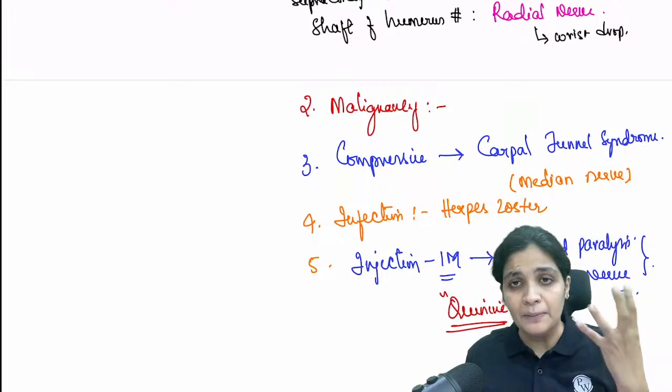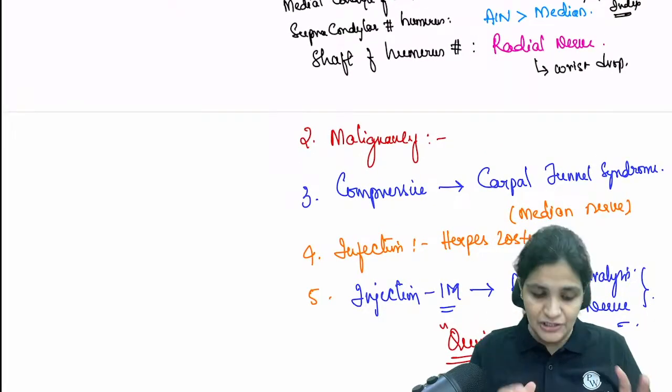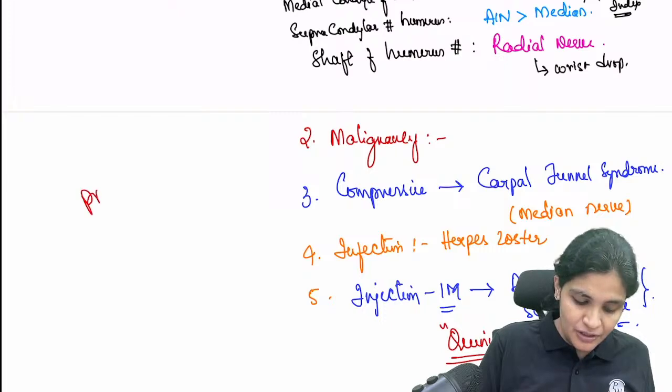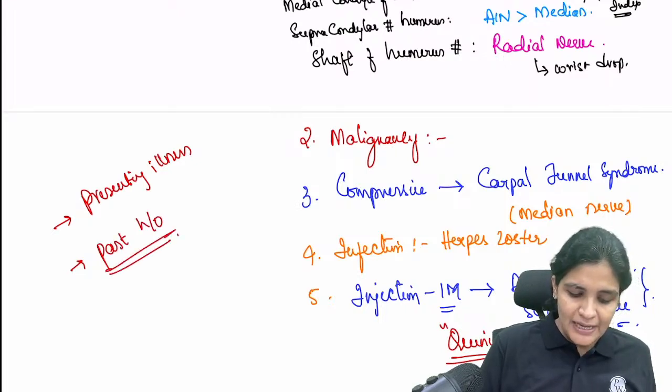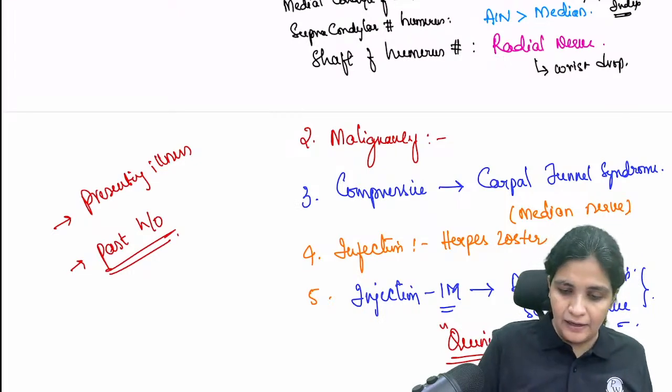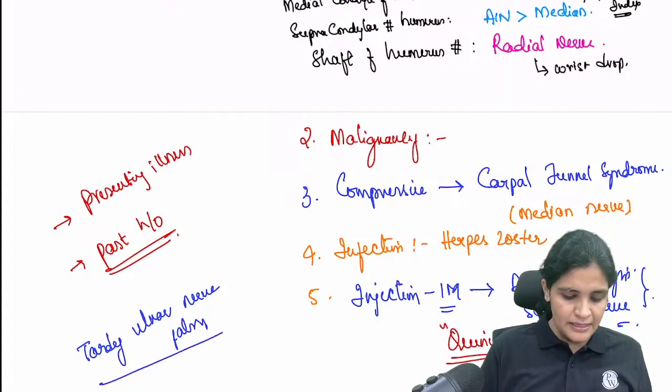So you will put up everything related to that nerve palsy and you will compile a history. This particular history could be just a presenting illness, or sometimes it could be related to your past history as well. So for example, let us take the example of tardy ulnar nerve palsy. So what is tardy ulnar nerve palsy? Where do you see this?